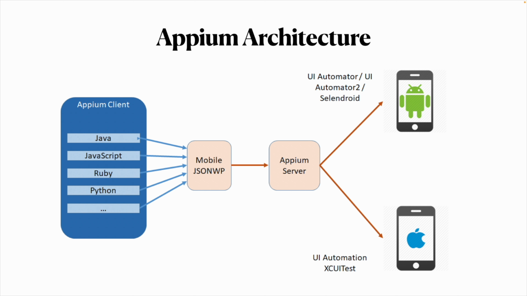Similarly, if you are automating an application which is running on the iPhone, that is the iOS platform, then it is going to use the XCUITest framework. So the same Appium server can be used for Android and even for iOS applications. Based on the requirement, we need to install the required framework in our system. So this is about Appium and the Appium architecture.